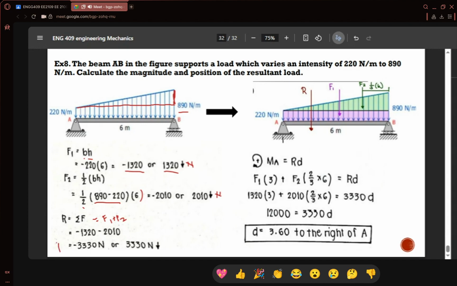So now you have your magnitude and direction of R. Next, we need to determine the distance, or where this resultant is acting. If we were to concentrate the loads, where will it act?